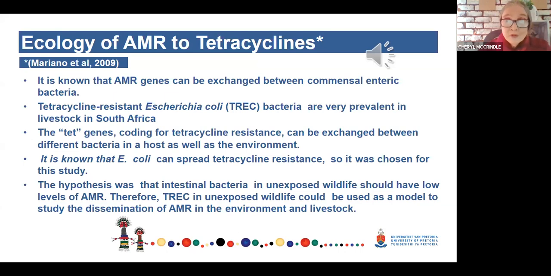We could find them if you just go to the abattoir and you swab the surface of livestock where there's a small splash of feces, we could pick up Trich very easily. The TET genes, which code for tetracycline resistance, we know can be exchanged amongst bacteria, sometimes by bacteriophages, sometimes by unknown reasons. They can go from one bacteria to another, and also between species. And we also know that E. coli can spread tetracycline resistant genes.